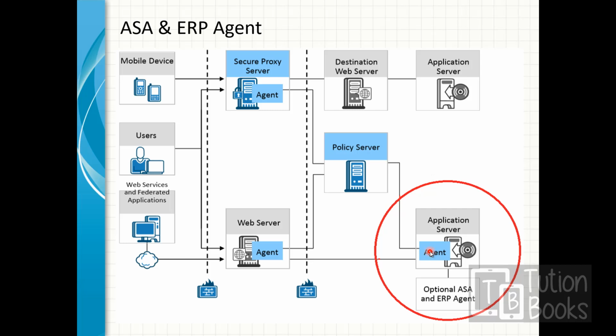All those steps are done by the application, and the reason is that ERP applications need the user to be authorized by their application side, and only then will they provide access to the application. So those things are also possible to integrate with Siteminder. We can directly put an ERP agent over the application server and have communication between the application server agent and my web server agent.